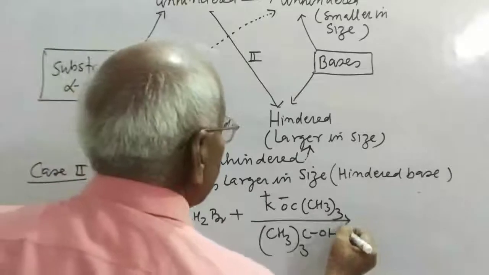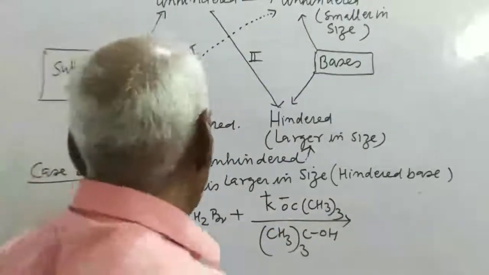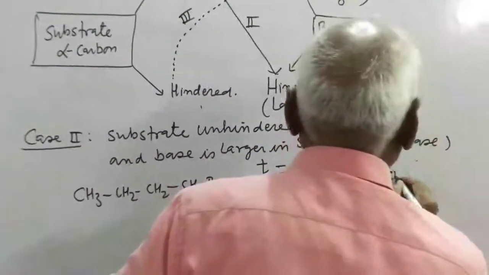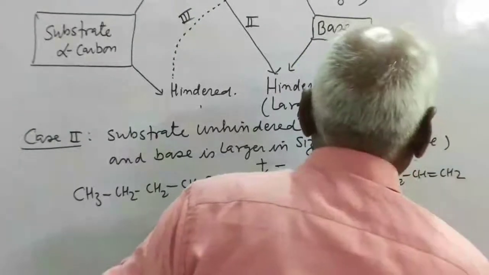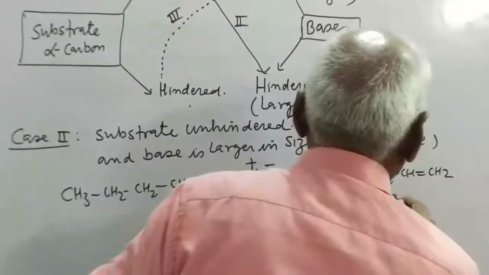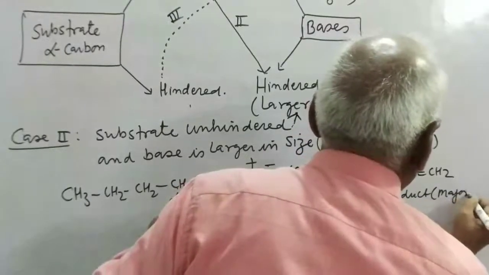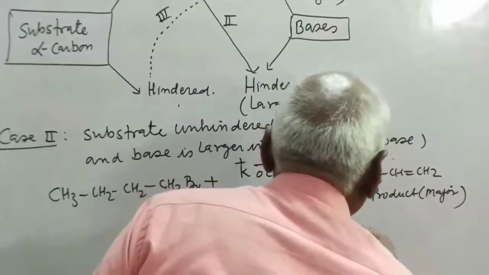So this is the larger base, stronger base. So it gives the E2 product as major product, and the SN2 product minor.